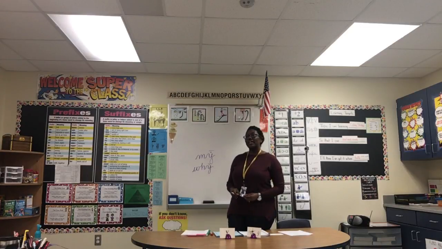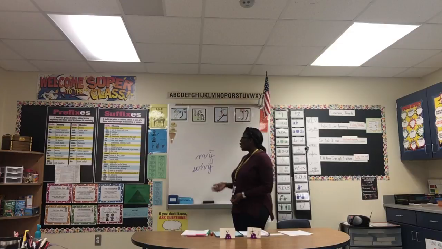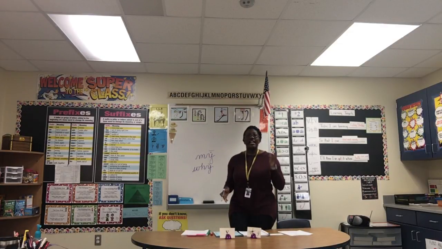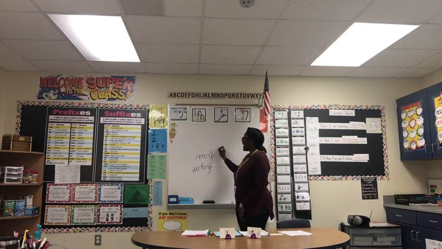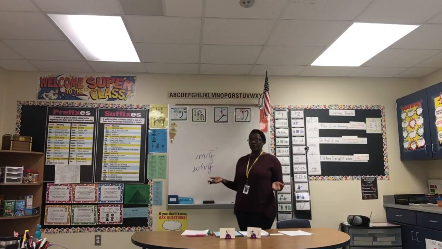Now let's talk about if this is in the accented or unaccented position. So say the word my. It's a one syllable word. So that means the whole word is accented. We say that word louder, longer, and stronger. So the whole word is accented.